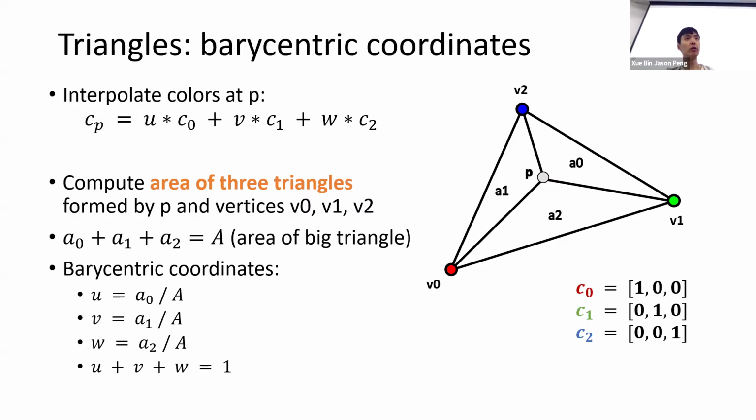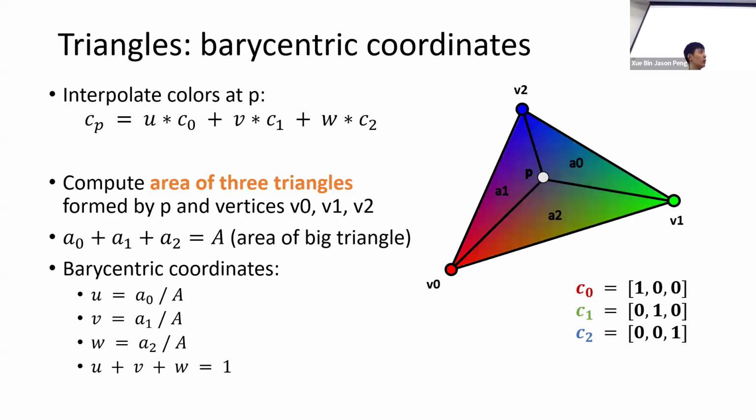And these edges are going to split our big triangle into three smaller triangles. And we are going to use the area of these smaller triangles to determine the barycentric interpolation for our point P. So if we apply barycentric interpolation, we might get colors like this for the different points inside our triangle.